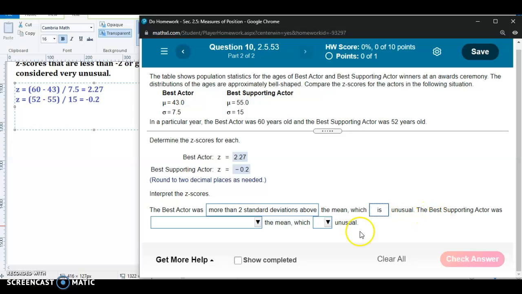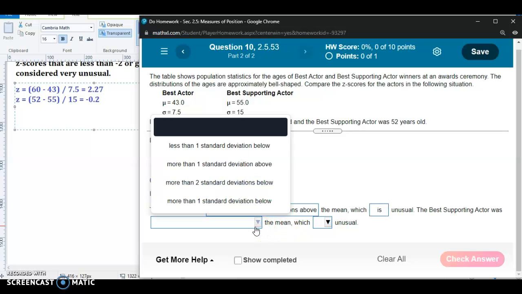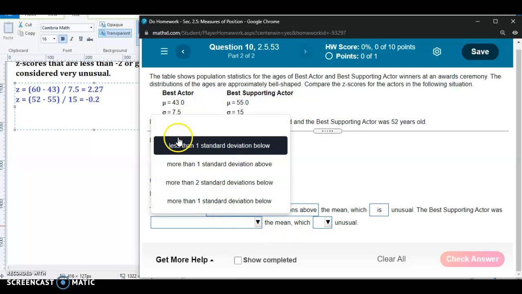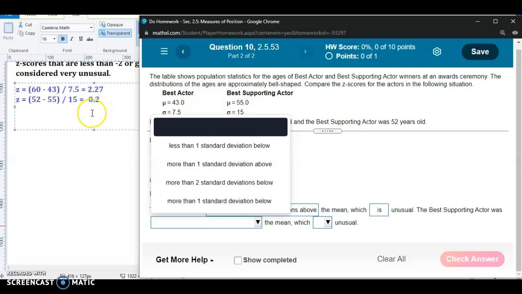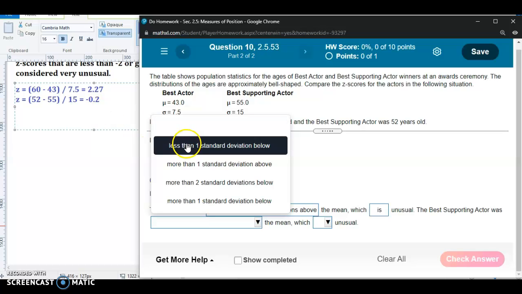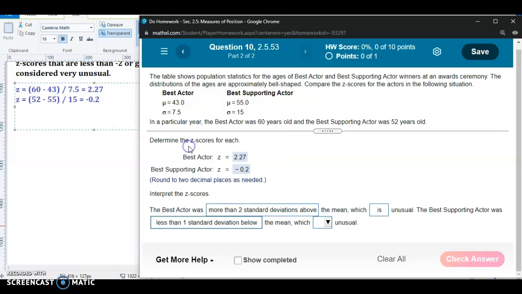All right, so the best supporting actor was not quite 1 standard deviation away. Actually, it's less than 1 standard deviation away. And remember, it's negative, so it was less than 1 standard deviation below the mean, because the age for the best supporting actor was below the mean.